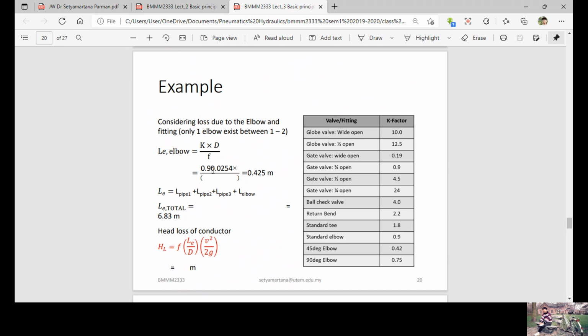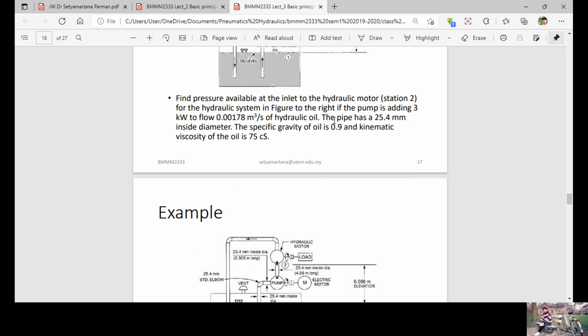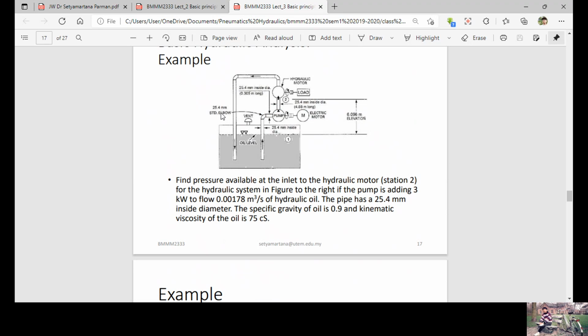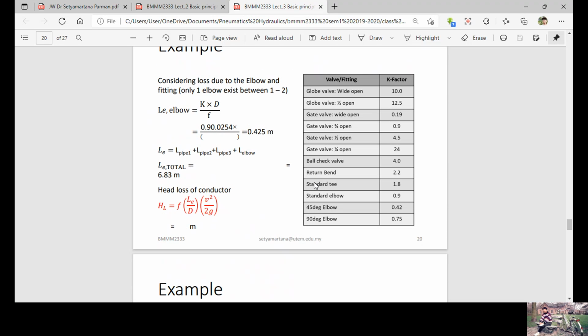And then we see the materials. We see the elbow is the standard elbow. So what is the standard elbow K? Standard elbow is 0.9.